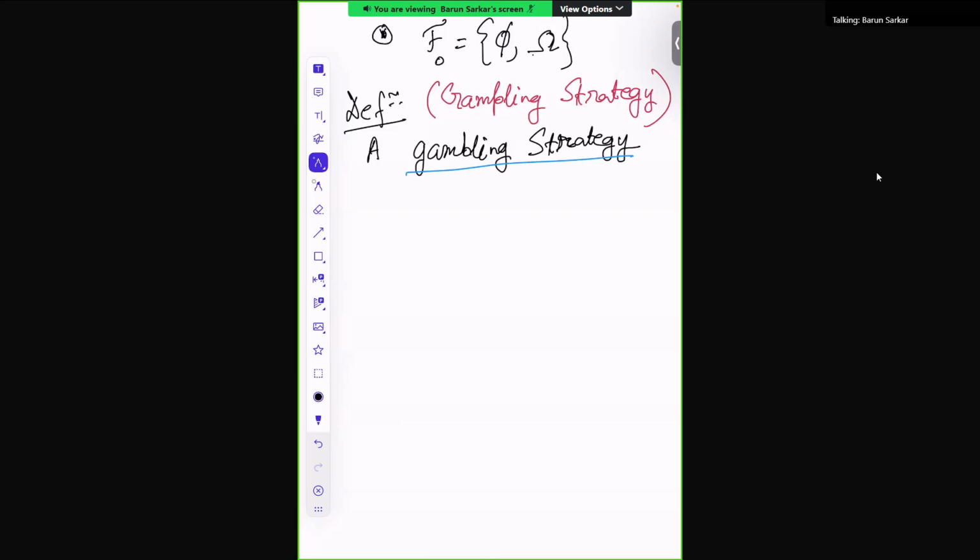A gambling strategy is this alpha one, alpha two, dot dot, with respect to filtration.